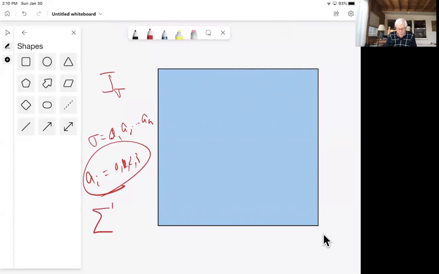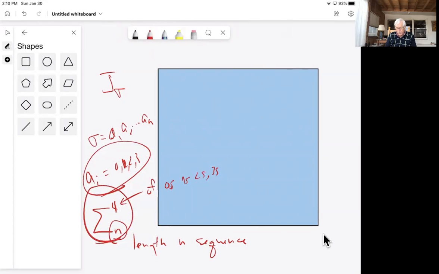There's a symbol for that. This means length n, so it's a finite sequence of length n. And this means all of the length n sequences of zeros, ones, twos, or threes.